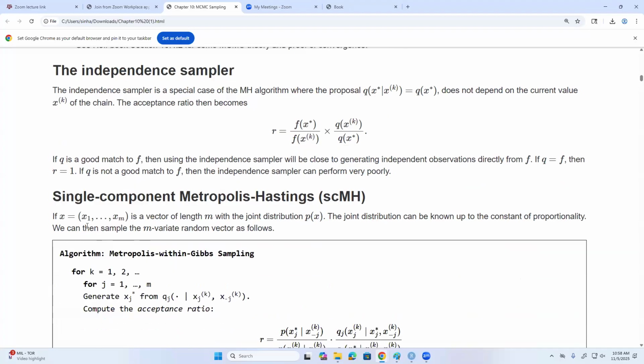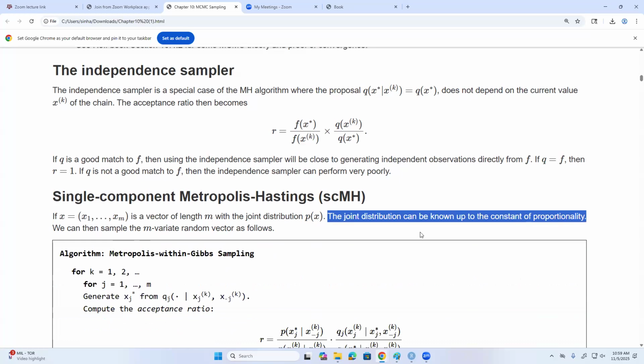So now if X has M components, a vector of length M with joint distribution Px, the joint distribution can be known up to a constant of proportionality. What is the meaning of that? It means you do not need to know the exact density function. As long as you know Px is proportional to some function of X, you are fine.